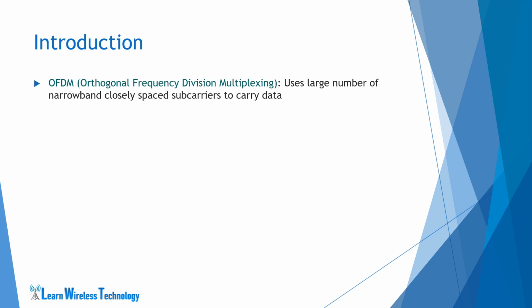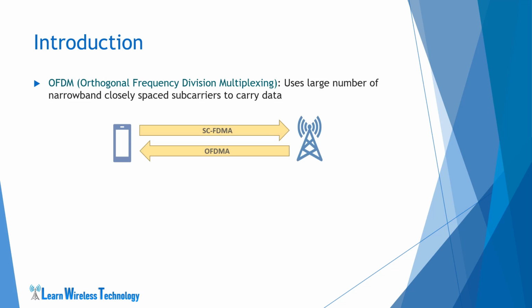So OFDM stands for Orthogonal Frequency Division Multiplexing. It is a form of frequency division multiplexing technique that uses a large number of narrow band closely spaced subcarriers to carry data. Now LTE uses two variants of OFDM in the downlink and uplink.